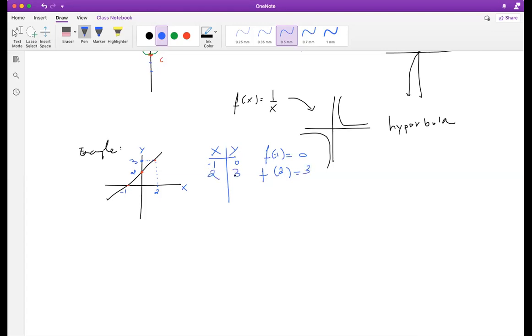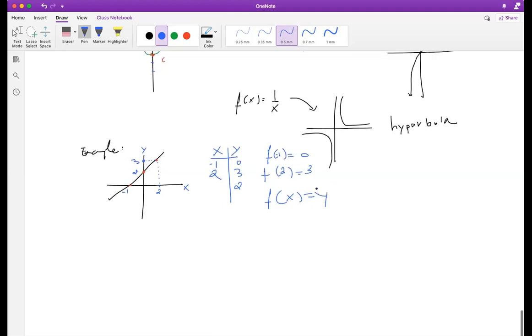Sometimes you may go backwards. Let's say it may give you this. This is the y, so we know that f of x is y. If you have a number in parentheses, you've got to look for that on the x-axis. Find it first, then find the y. But if you have this value here, that would be the y, and you need to find the other one. So let's say I said f of x is 2, this 2 here.